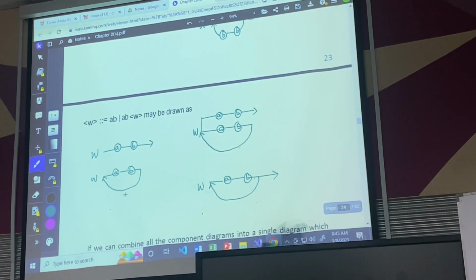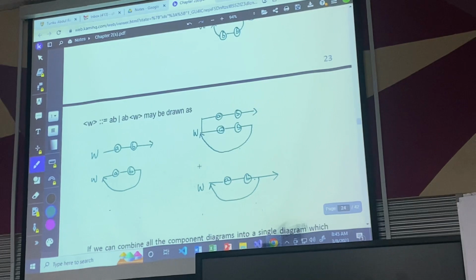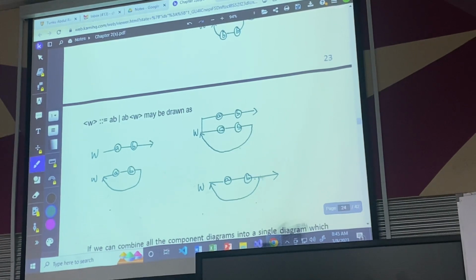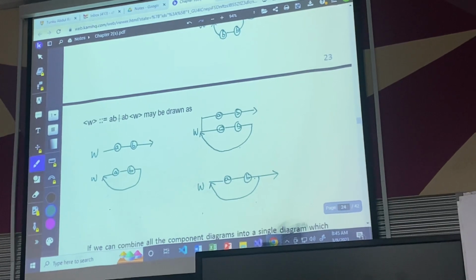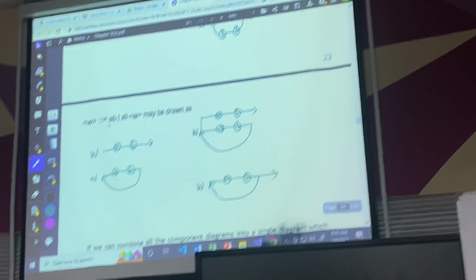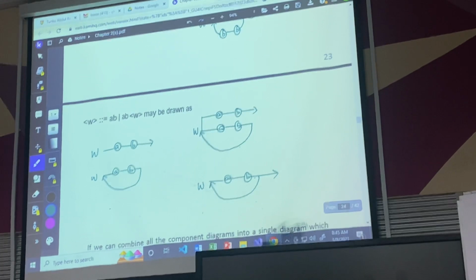Any others? This is the simplest one, right? You don't need to draw so many AB. You just draw one because it can share the AB here. If you substitute with AB only, then you choose the one on the line.